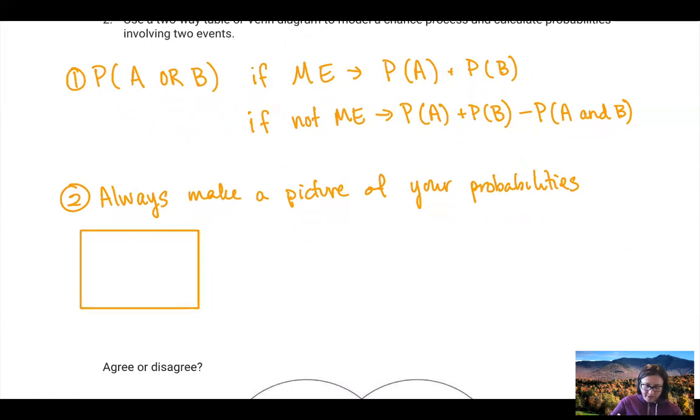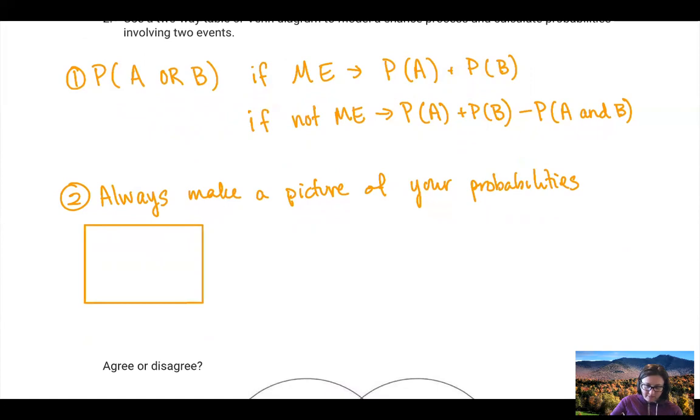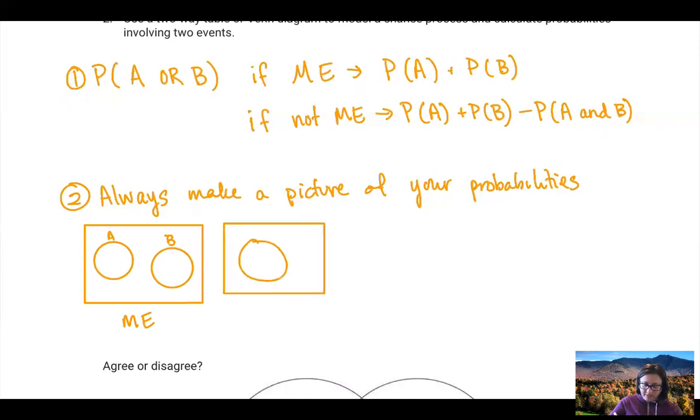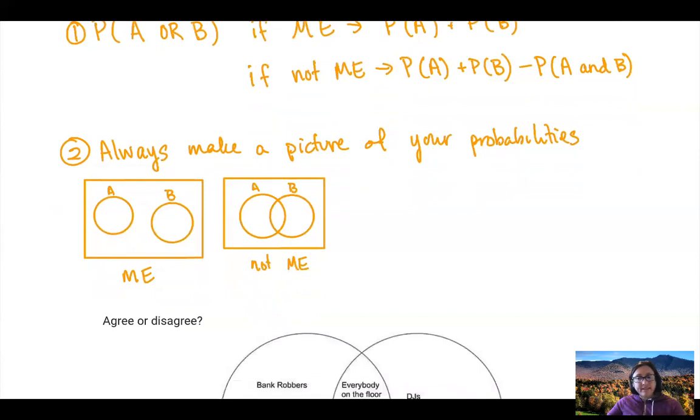So sometimes you might have events that are mutually exclusive and will never overlap. Sometimes you might have events like we saw with the one that we just did, where you have events that do overlap. So Venn diagrams can be helpful.